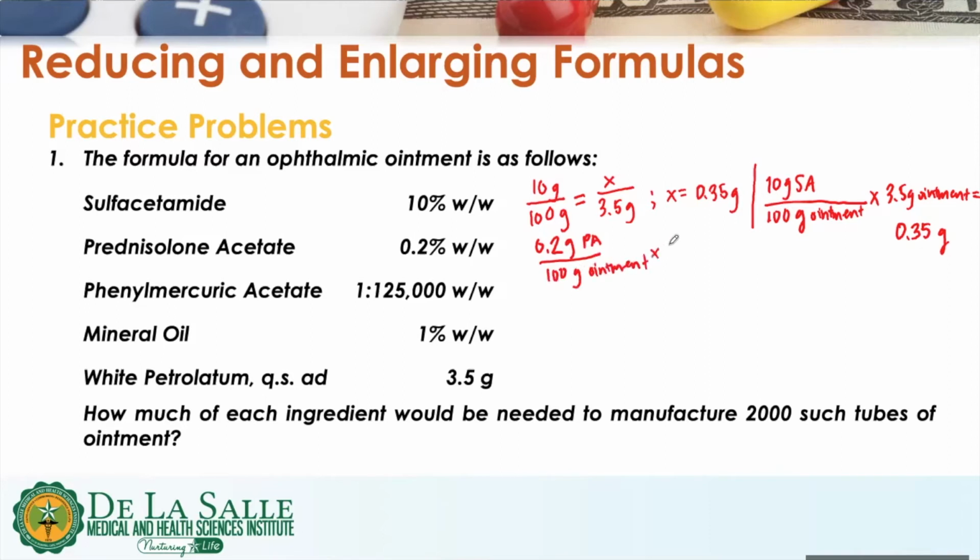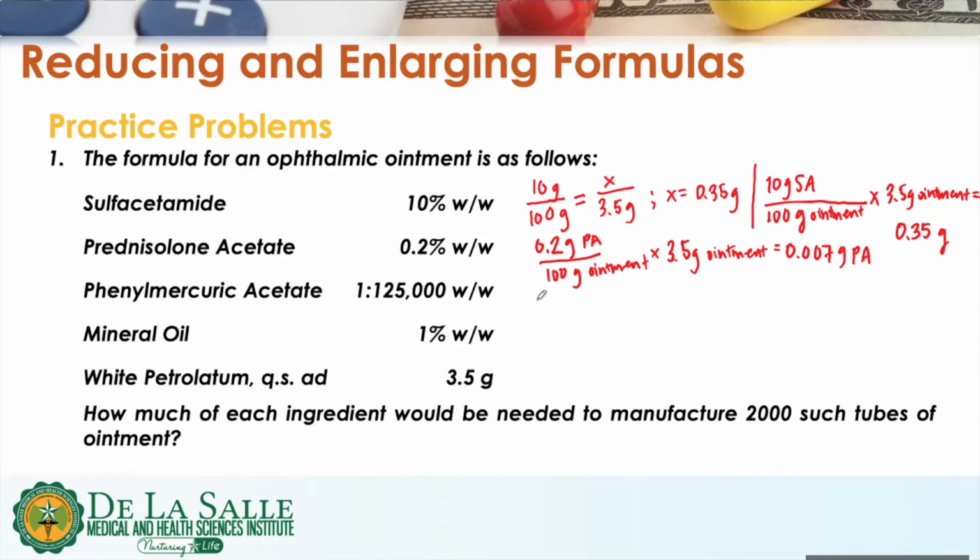The weight of each ointment is 3.5 grams. That will give us a value that is equal to 0.007 or 7 milligrams of prednisolone acetate.